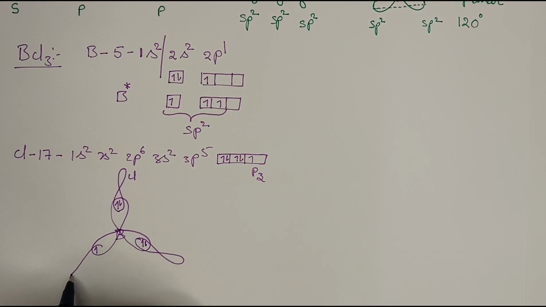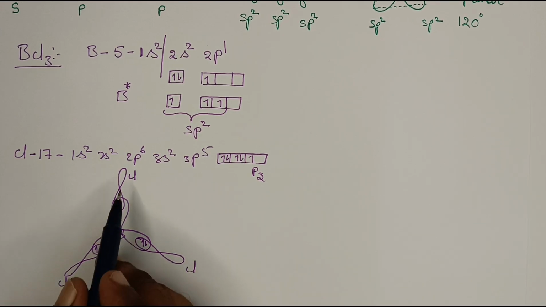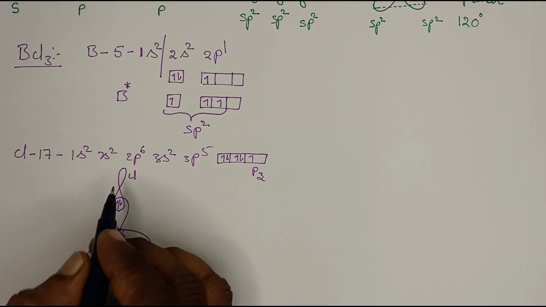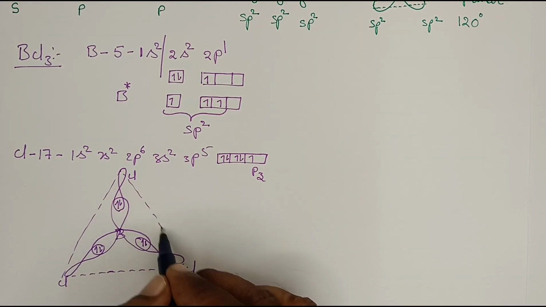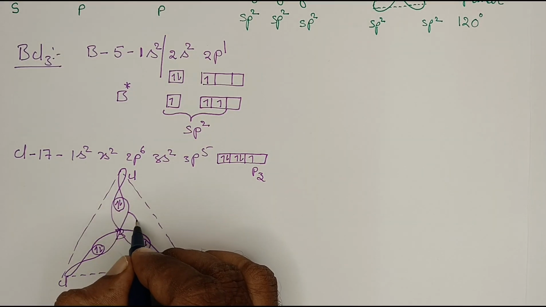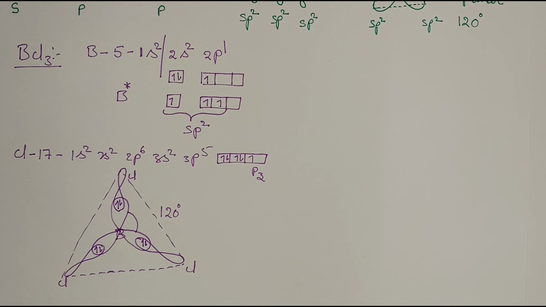This is another pz orbital of the second chlorine atom. So 1, 2, 3, 3 chlorine atoms. So the shape of the molecule is trigonal planar. Shape of the molecule is trigonal planar, and the bond angle is 120 degrees.